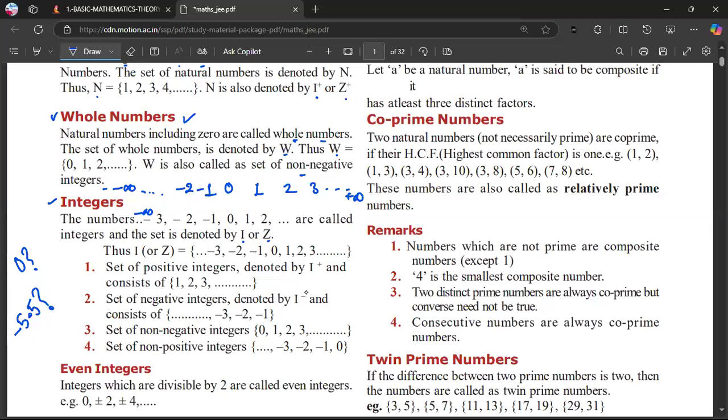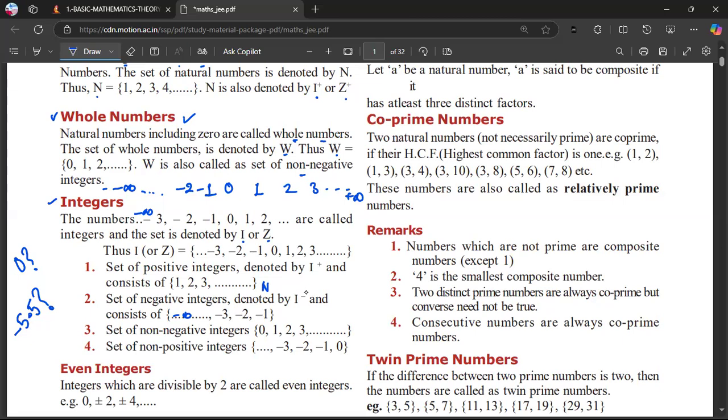The set of positive integers means we are avoiding the negative integers. So the set of positive integers is 1, 2, 3, 4. They are also natural numbers, right? And the set of negative integers, which are negative in nature, is minus 1, minus 2, minus 3, and it goes on to minus infinity.